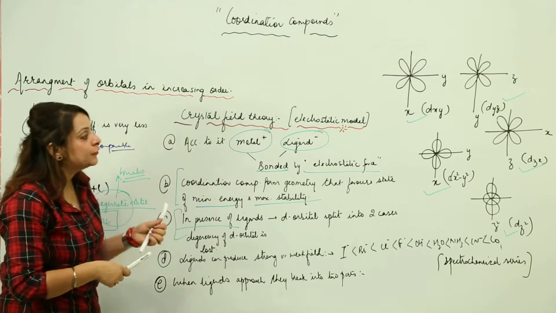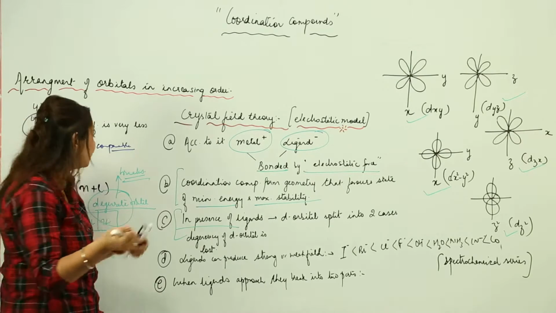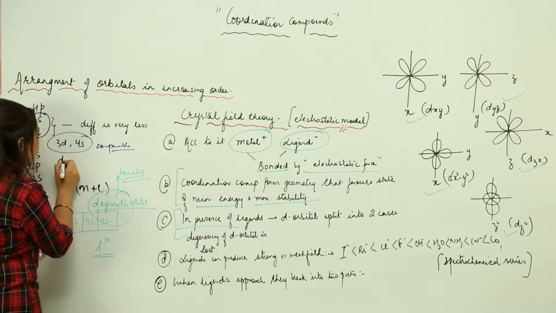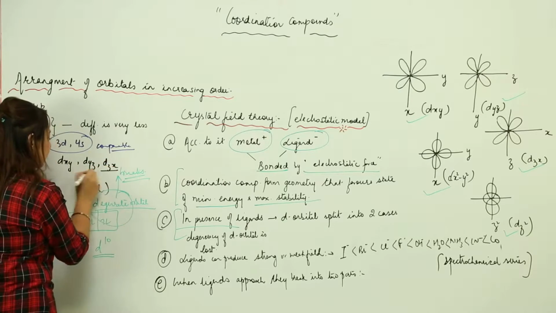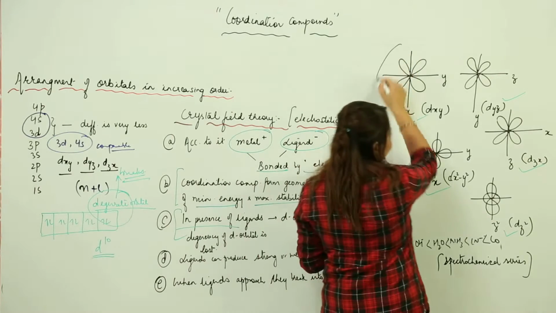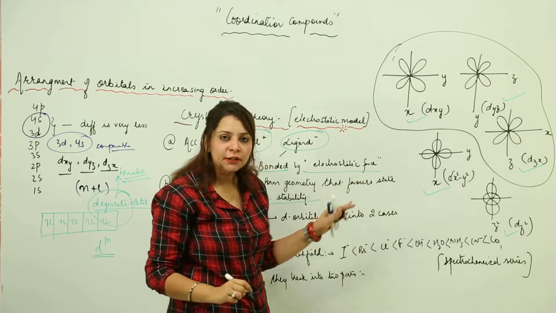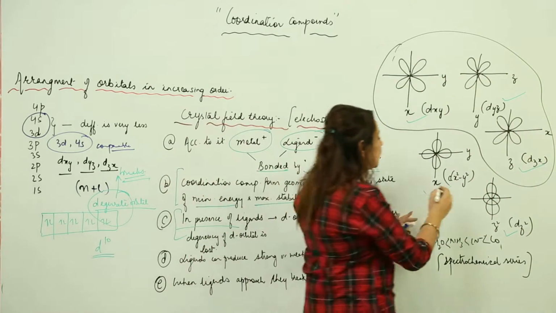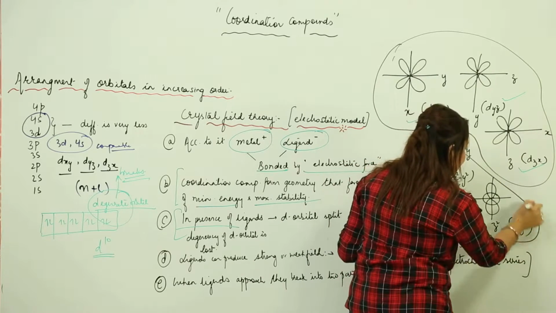So now out of these 5 orbitals, which orbitals are going to possess higher or lower energy? Just look at the board. The energies of dxy, dyz and dzx are somehow similar to each other, and the energies of dx square minus y square and dz square are again the same.